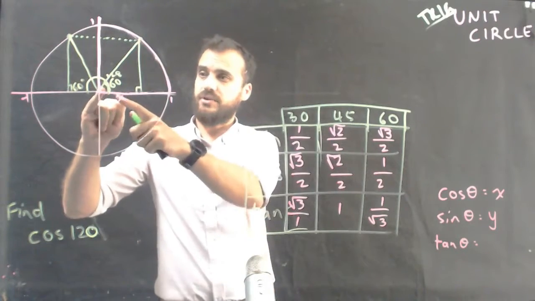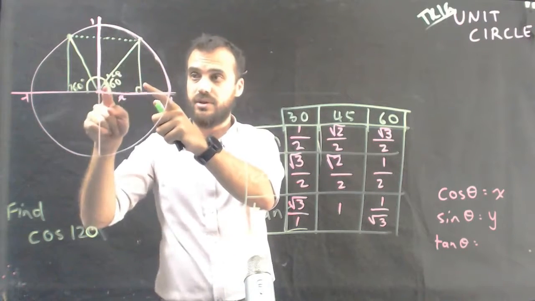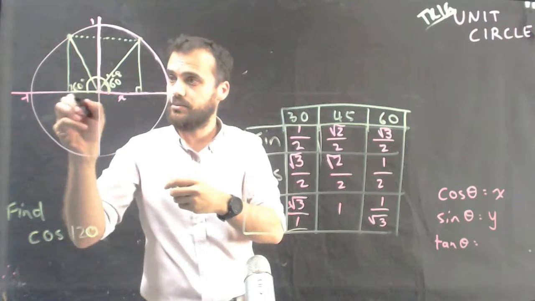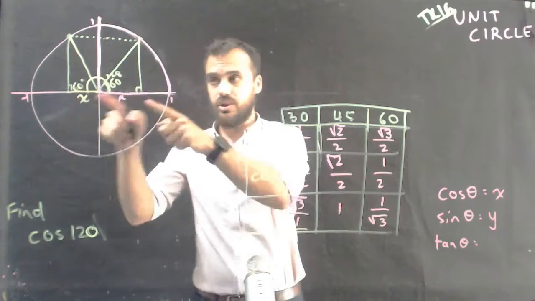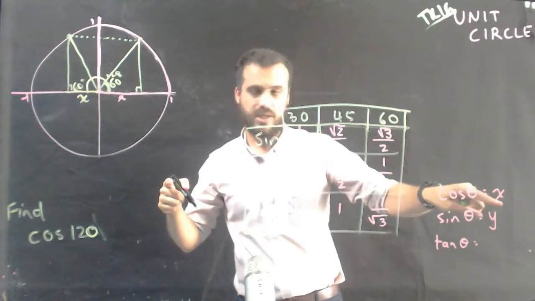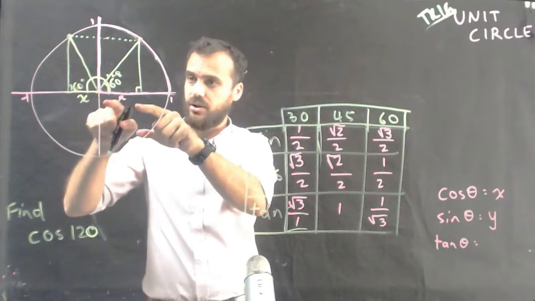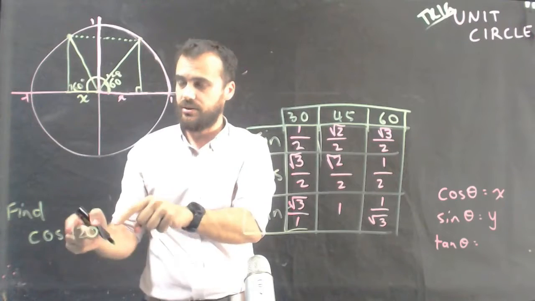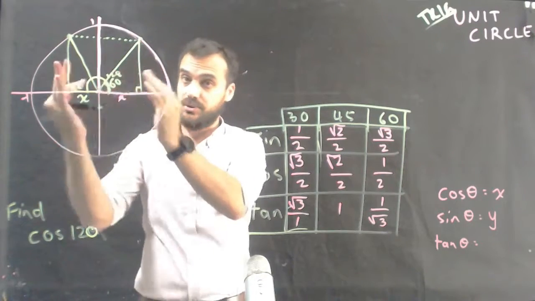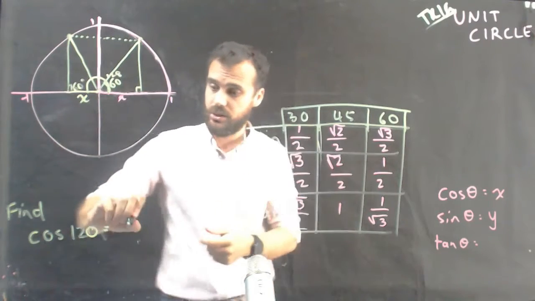Now, if these triangles have the same height and the same hypotenuse and the same angles, then the x values of them must also both be the same. And if cos theta is equal to the x value, then we know that cos 120, the thing that we're finding, is equal to cos of this triangle, because they're symmetrical.